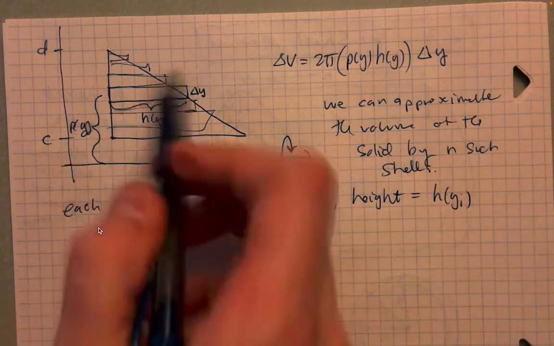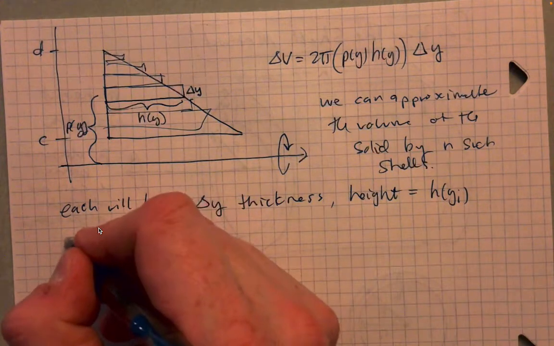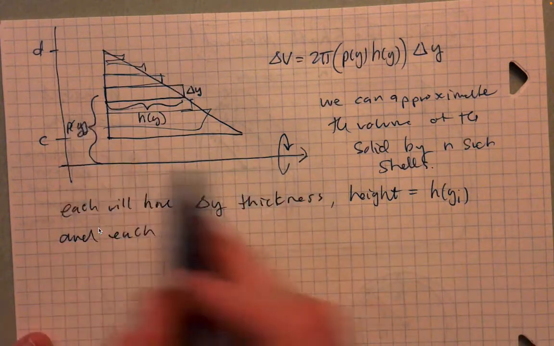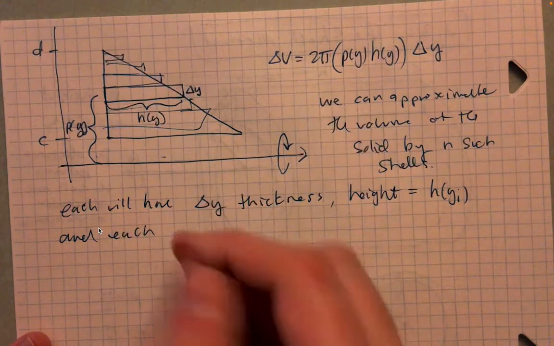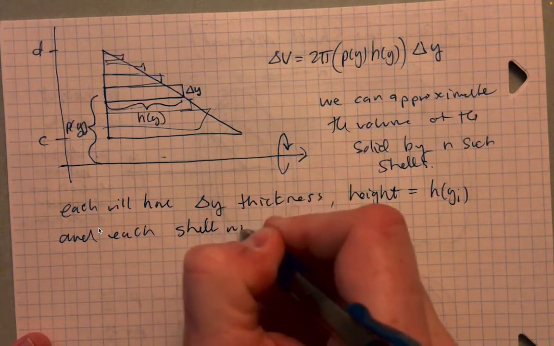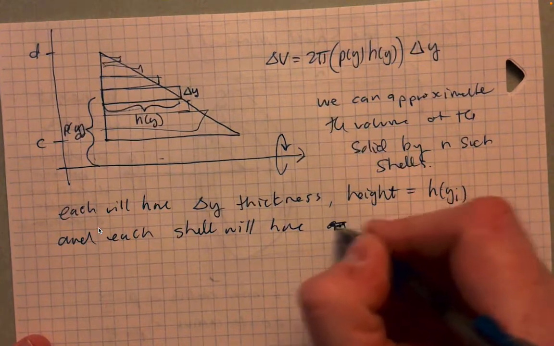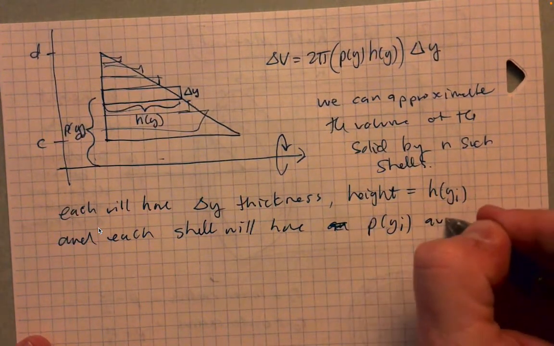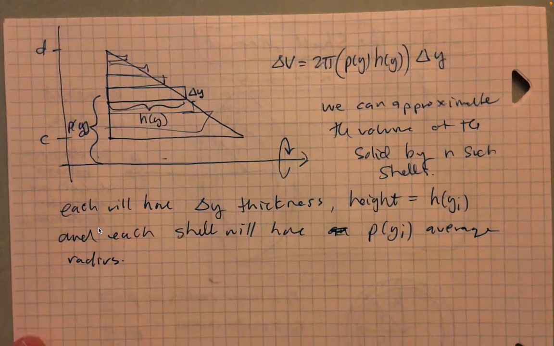The height function is going to vary depending on the shell, obviously. And the average radius will also vary a bit depending on the shell. The distance from the axis, so some will be closer, some will be further away. Okay, so that's the idea.